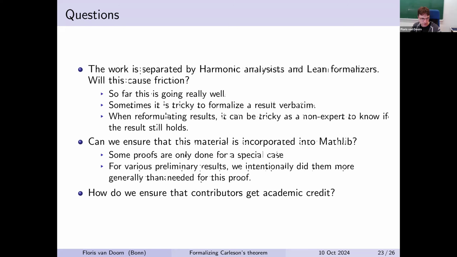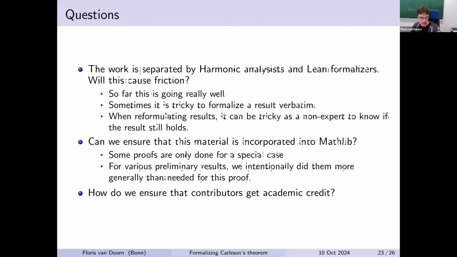Another thing we need to make sure of is that all the things we want to reuse in later formalizations will actually be incorporated into Mathlib. Mathlib has high standards for accepting contributions, and so I expect some parts of the proof will be hard to put into this standard.